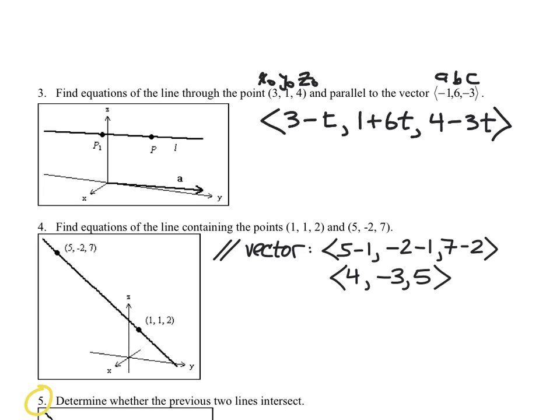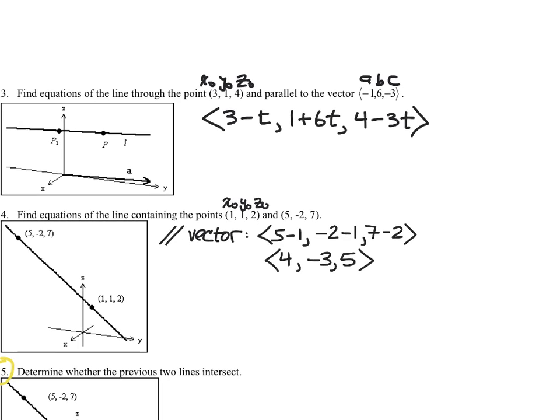All right, so this makes this my x sub O, y sub O, z sub O. So I'm looking at 1 plus 4t, 1 minus 3t, and 2 plus 5t. All right, so those are my parametric equations representing the lines passing through those points.